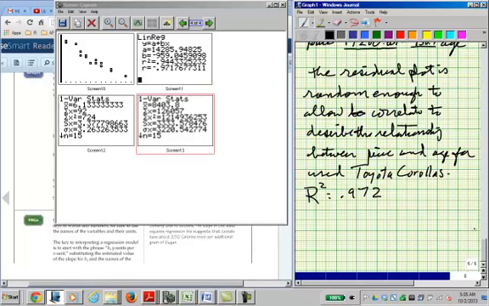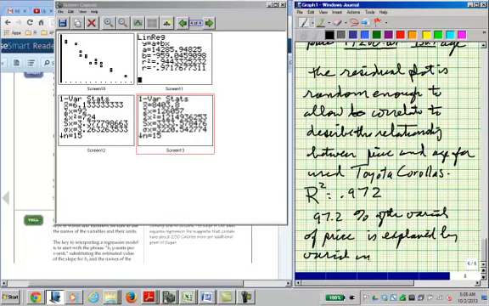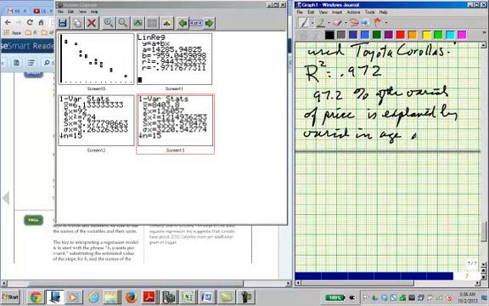What does this mean? 97.2% of the variation of price is explained by variation in age, as shown in the model.